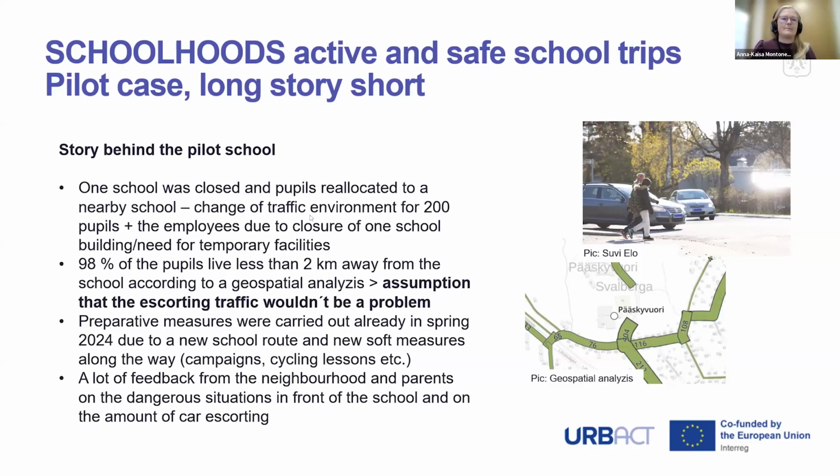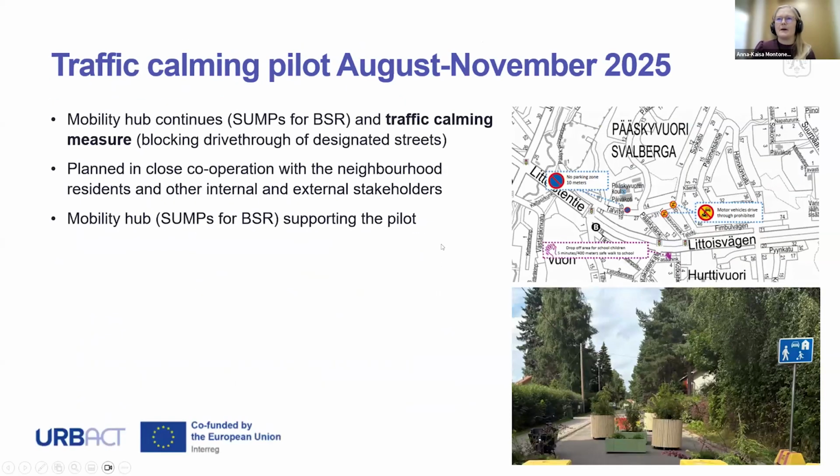We did the planning in close collaboration with the residents of the area, and we had traffic planners and a variety of city employees planning the pilot. So here I'll just shortly show you what our traffic calming pilot was about.